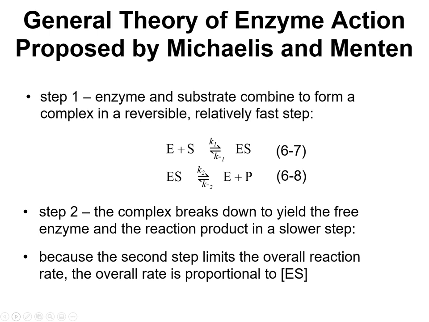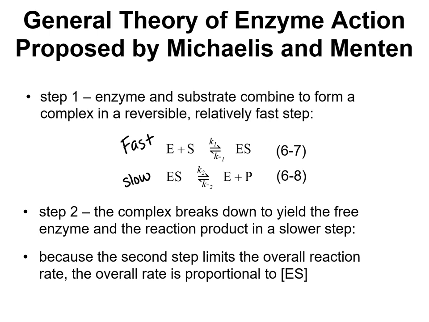In the second step, the complex breaks down to make enzyme, free enzyme, and whatever your reaction product is. And that reaction is the slower step. So the formation of ES is fast. Formation of free enzyme and product is slow.